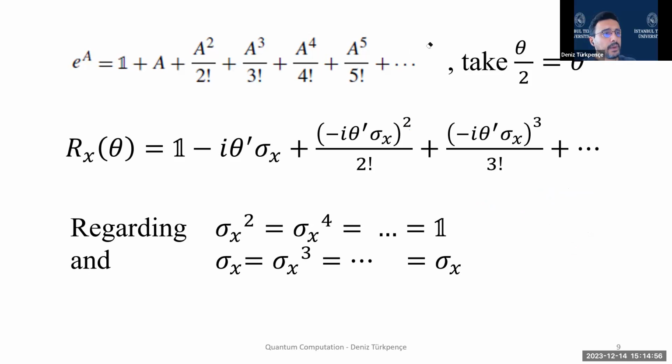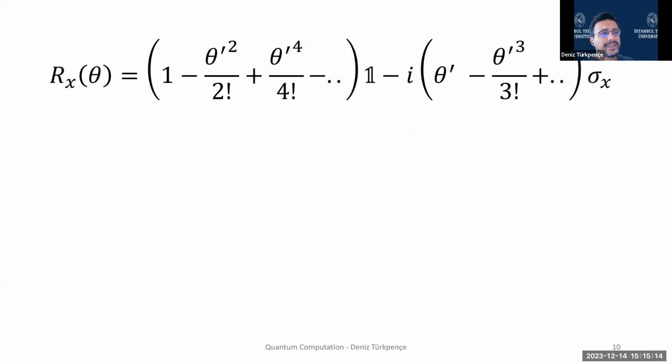And the odd powers of sigma x, in fact, the odd powers of all Pauli operators, correspond to that operator itself. So if we know this, and if we continue the expression, I can write this expression in this way.